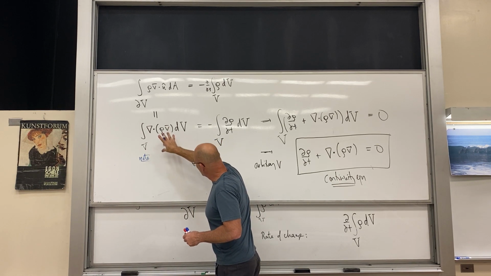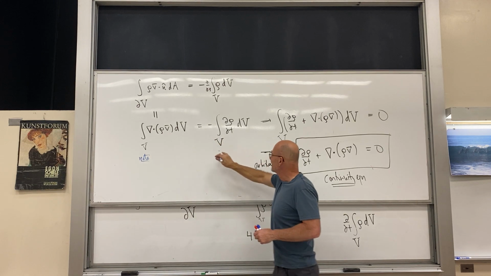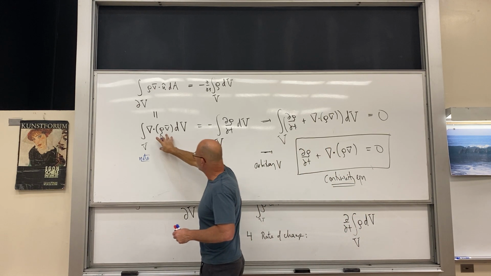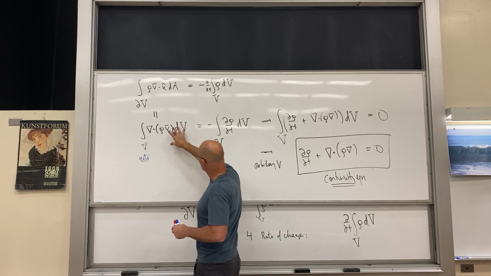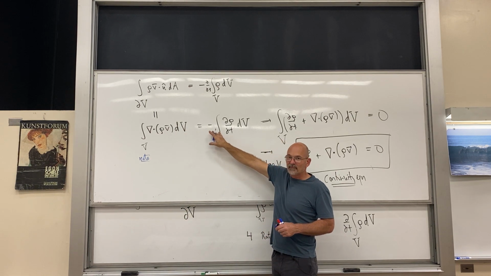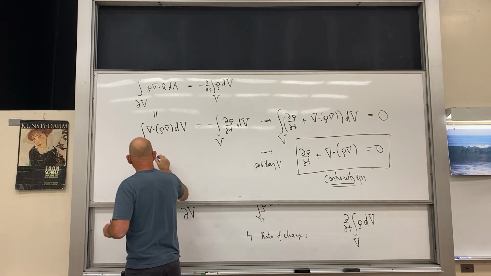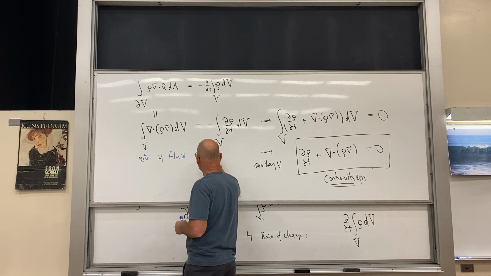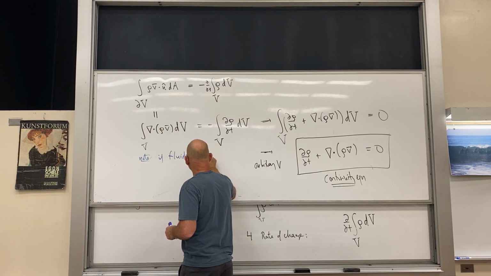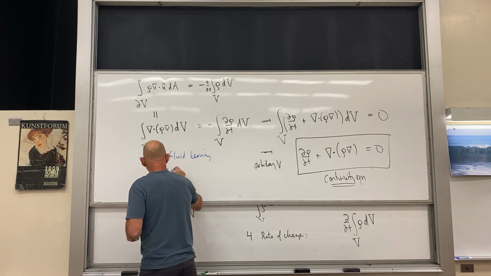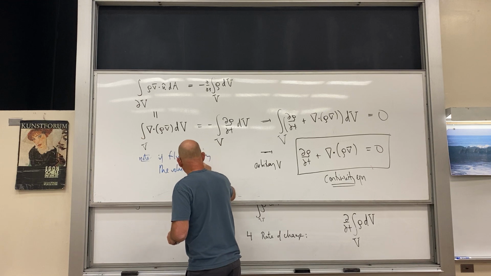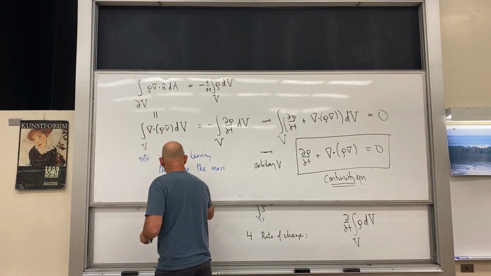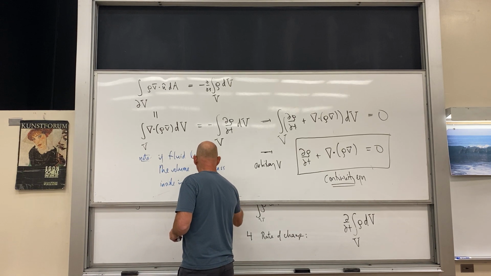So, if the fluid is leaving, then the mass inside the volume is decreasing, okay? But if the fluid is leaving, you have a positive sign here. As said before, therefore, we had to put that minus sign in by hand. So note, if fluid is leaving the volume, the mass inside is decreasing.